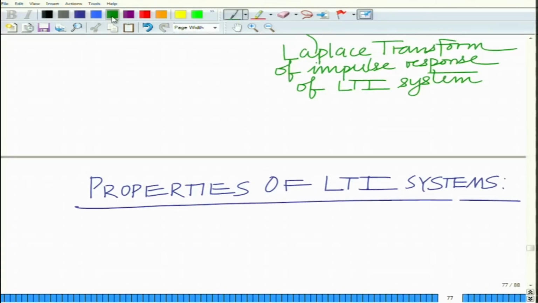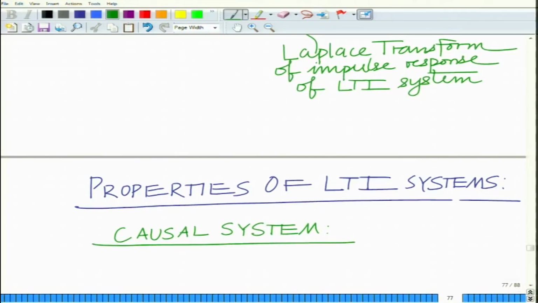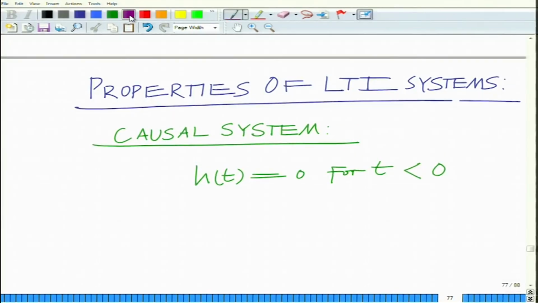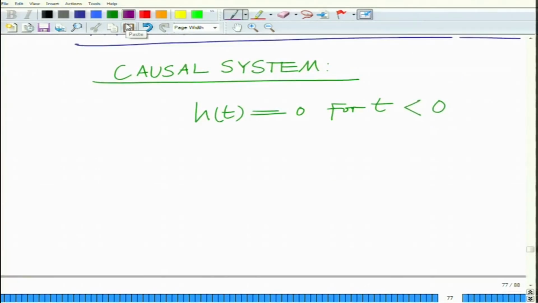Now, let us look at causality. For a causal system, remember we have h(t) equal to 0 for t less than 0.